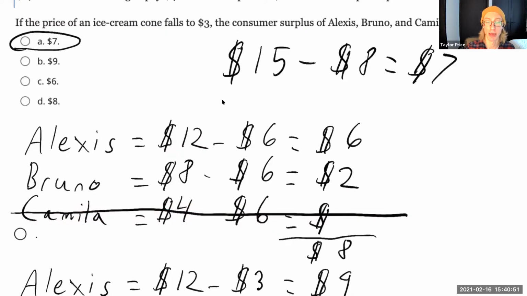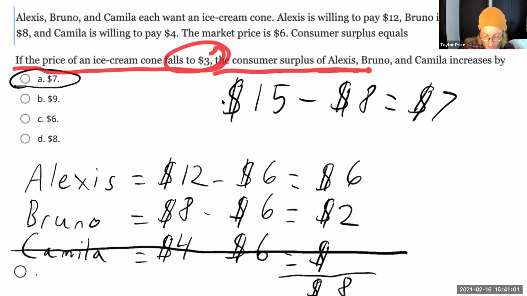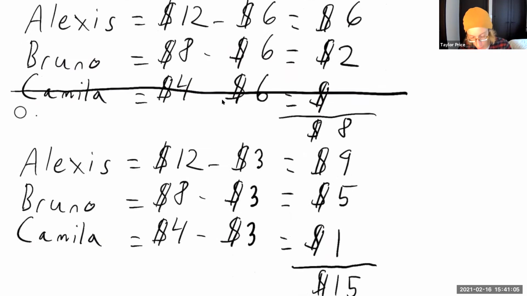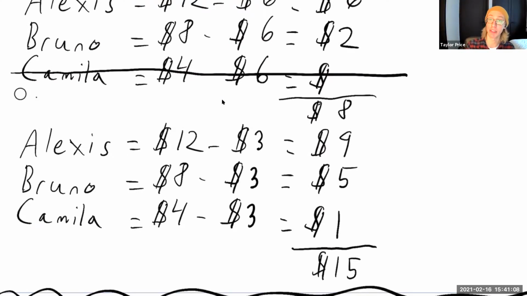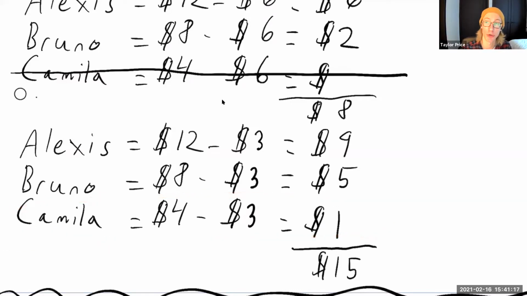The next question asks, if the price of an ice cream cone falls to $3, the consumer surplus of Alexis, Bruno, and Camilla increases by what? Here, we're just going to run that same process with the new price. Camilla now is brought into the market because her willingness to pay of $4 is greater than the price of $3.